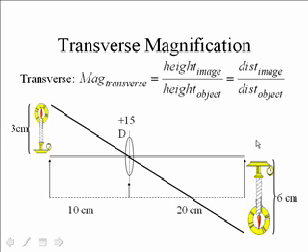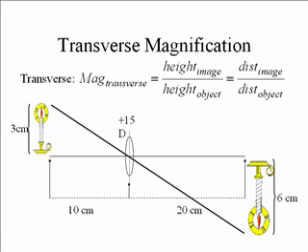So we don't know from the central ray diagram where the image is formed, but we know that wherever it is formed, the top of the candle must lie along this line, and the bottom of the candle must lie along this line. So this is how we use central ray diagrams to determine what is inverted and what is upright.